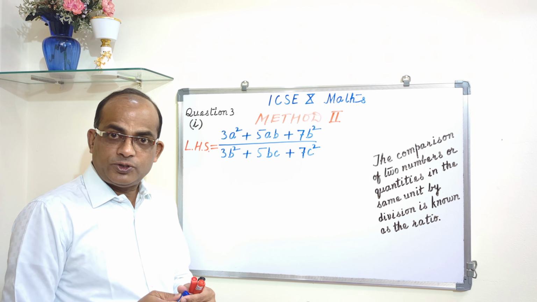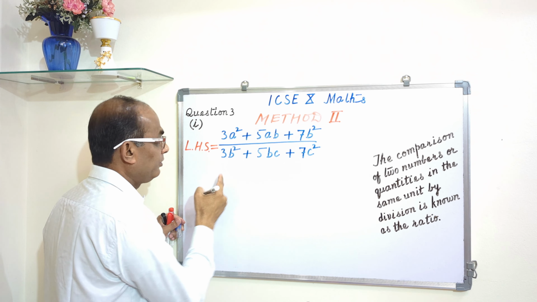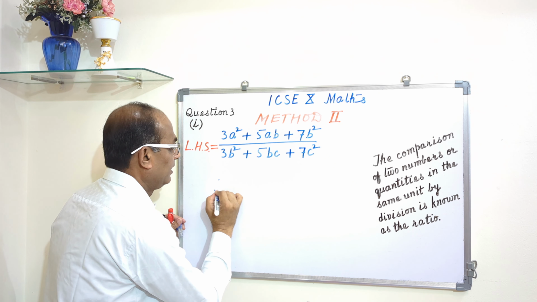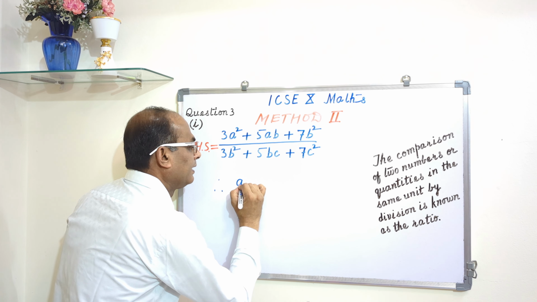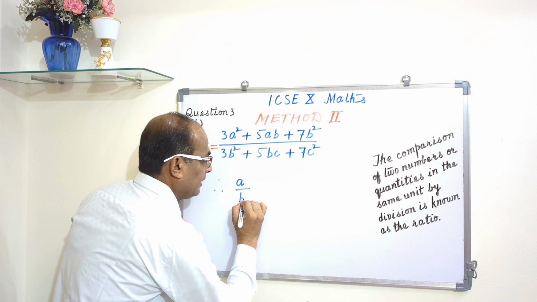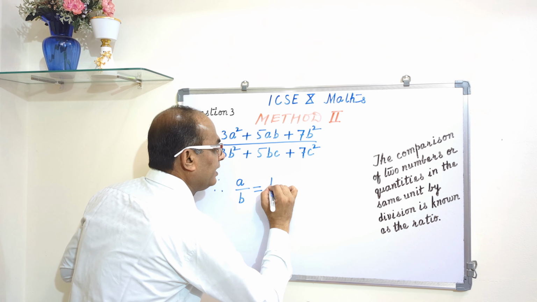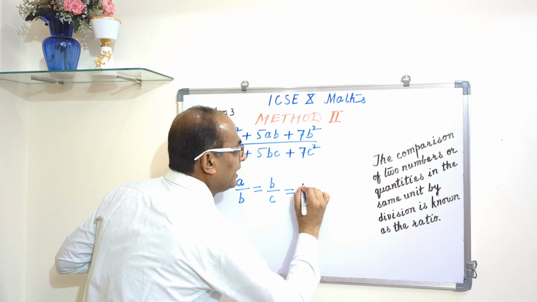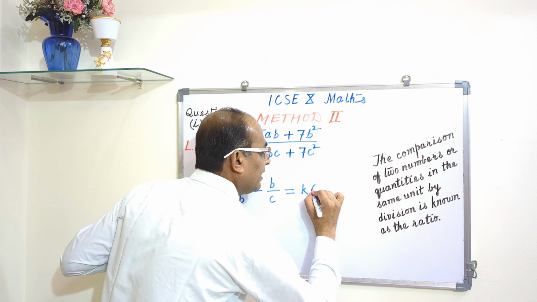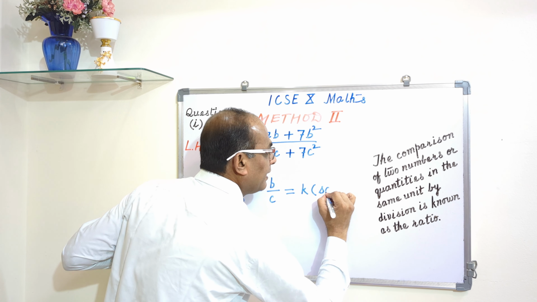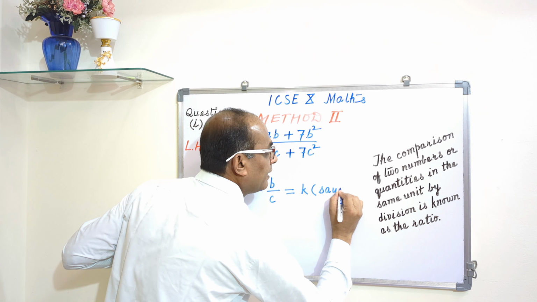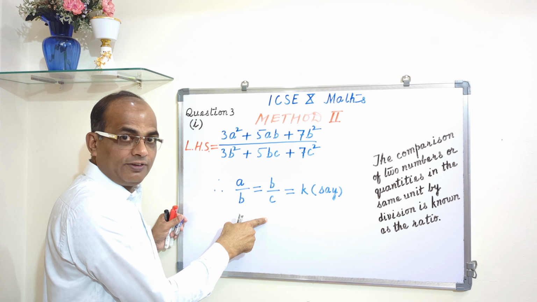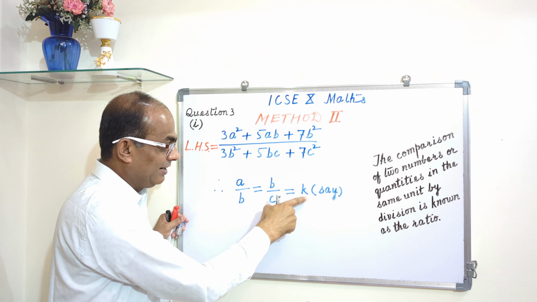A, B, C are in continuous proportion, so we write down since A, B and C are in continuous proportion, therefore A upon B is equal to B upon C is equal to K. Fine. A upon B is equal to B upon C given, and that we are supposing K.